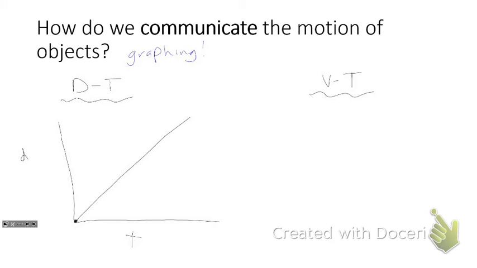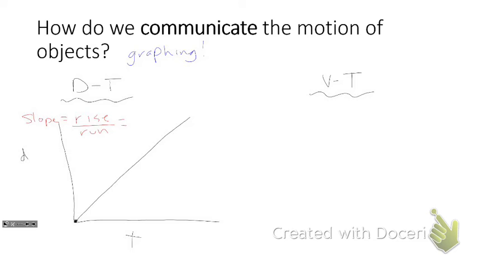Okay, what does the slope tell us on a displacement time graph? It tells us the velocity, right? Good. And if in general, I wanted to find the slope of a line, how would I do that? Rise over run. Rise over run. Good.